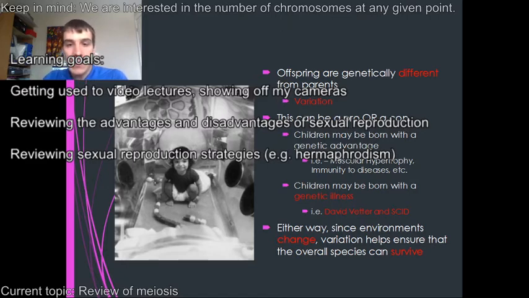The pro, of course, is you can get a genetic advantage because, if you get two different genes, for example, muscle mass from mom and from dad, you get more muscle mass than either your mom or your dad. You can have a child that's more advantageous, something that's more fit to their environment, as we learned during the evolution unit.